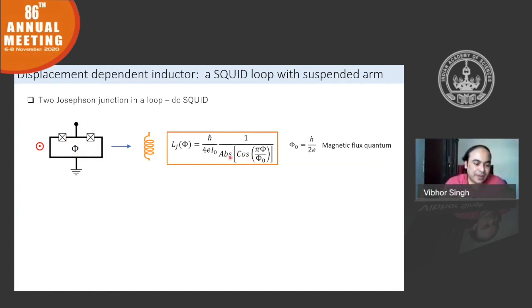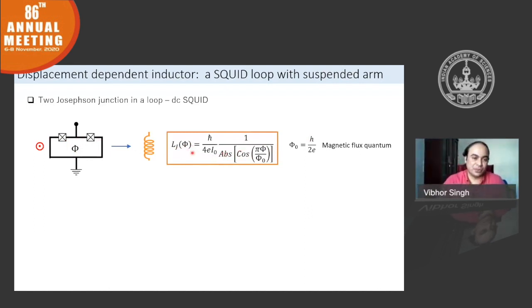So this SQUID loop acts like a nonlinear inductor, and its inductance value depends on the magnetic flux threading the loop. It is also a periodic function, and every half flux quantum it repeats itself. So now we have an inductor, by putting this in a SQUID loop, which has a periodic magnetic flux dependence of inductance, which makes it nonlinear.